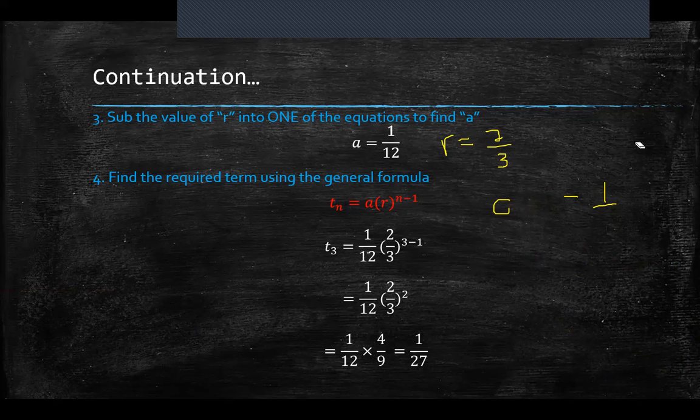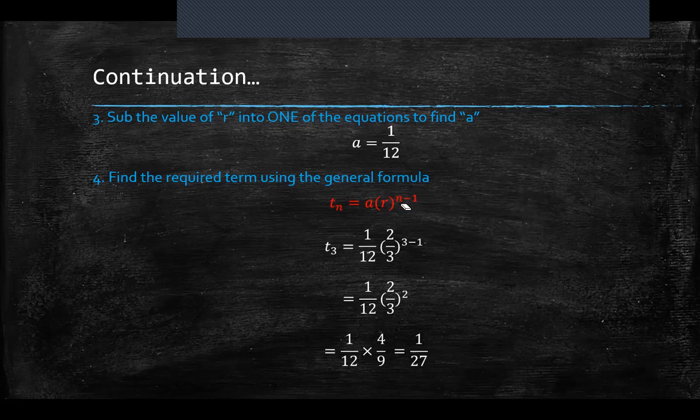Last thing, because they asked me to find the specific formula for the nth term, I know my a and my r. Wait, no, wrong part. I'm trying to find the third term. So that's T3 is equal to a, which is 1 on 12, r, 2/3, and then I'm trying to find the third term.